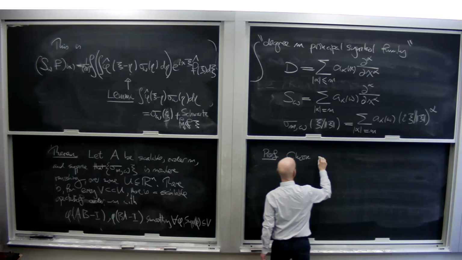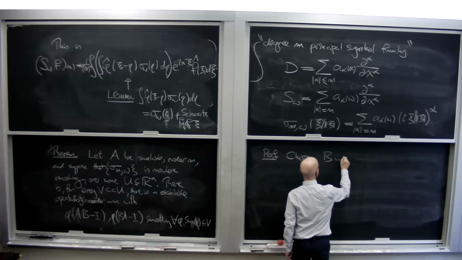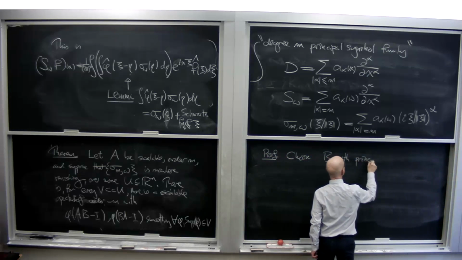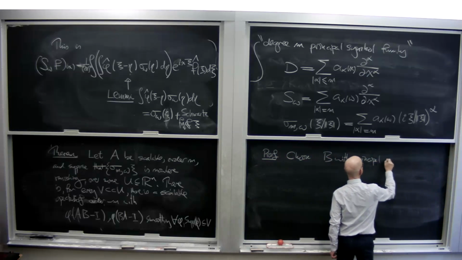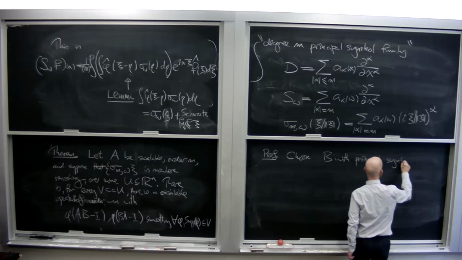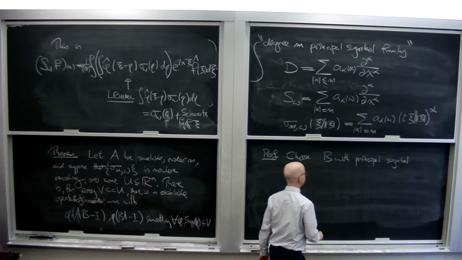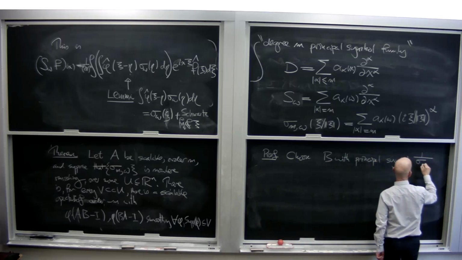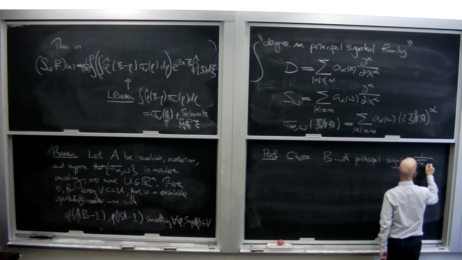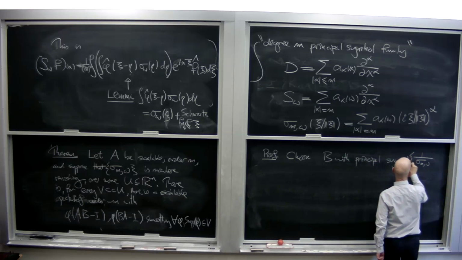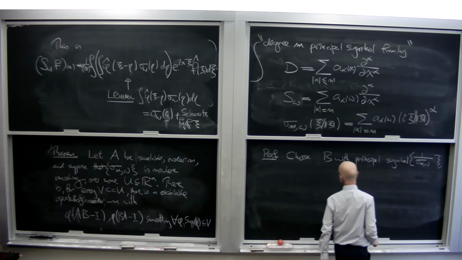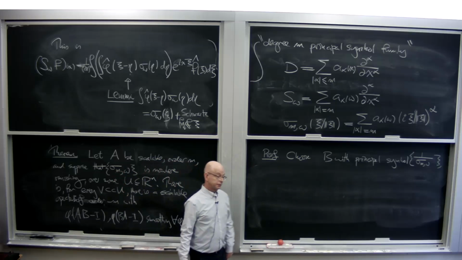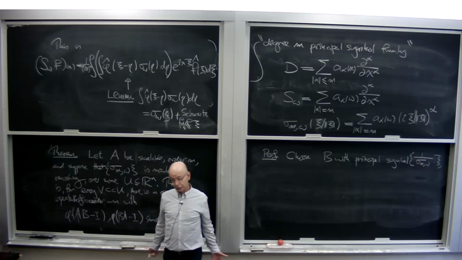Well, you can certainly choose B whose principal order minus m, degree minus m symbol is just 1 over the symbol of A. Because that's just some other smooth family.